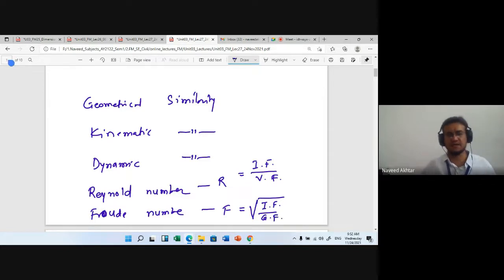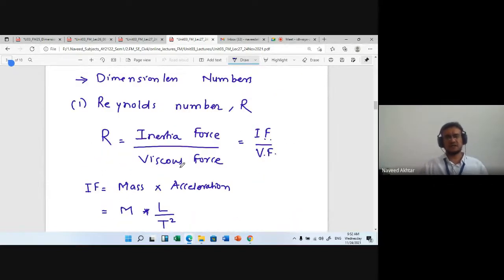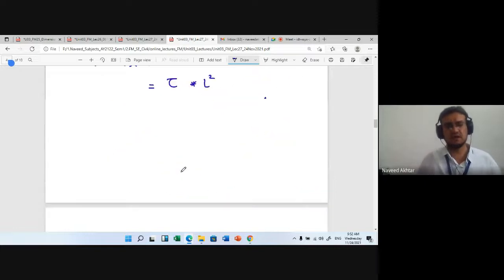Then we derived the equations for the two dimensionless numbers.